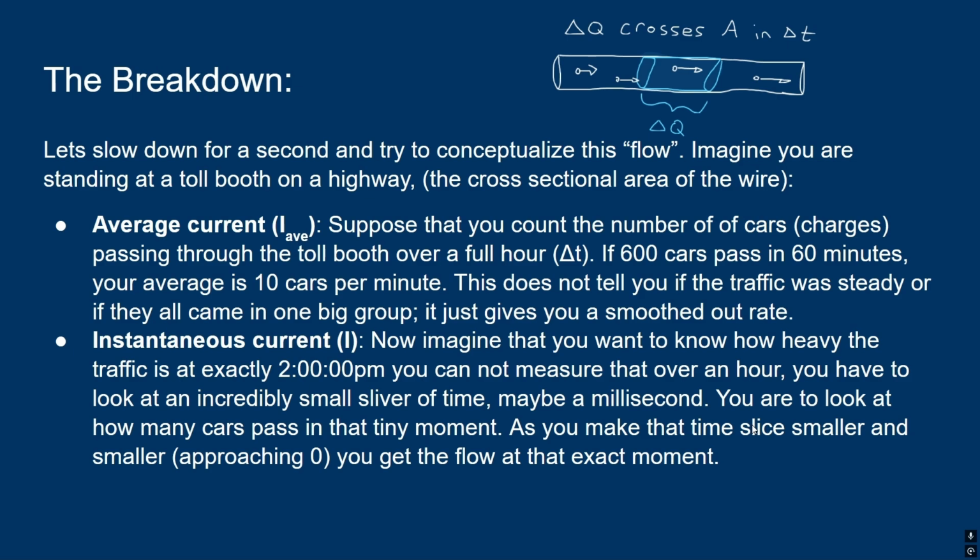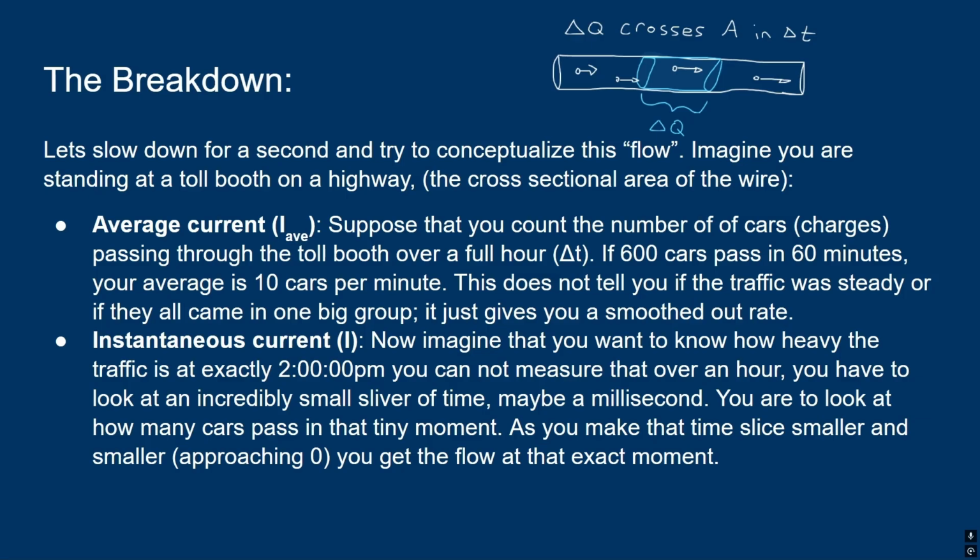So let's slow down for a second and try to conceptualize the flow. Imagine you're standing at a toll booth on a highway, and the cross-sectional area of the wire is that toll booth. Let's talk about the average current. Suppose you count the number of cars, which in this case are the charges, passing through the toll booth over a full hour, which is our delta t, the change in time.